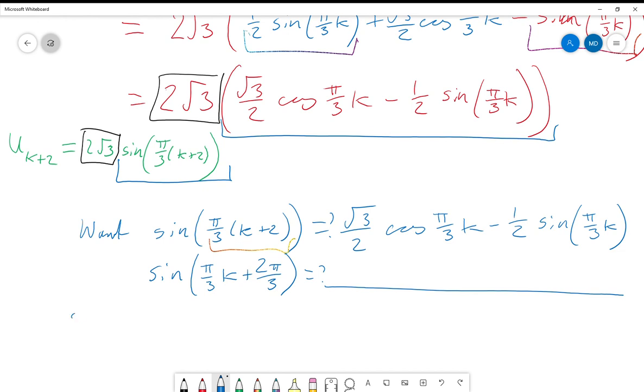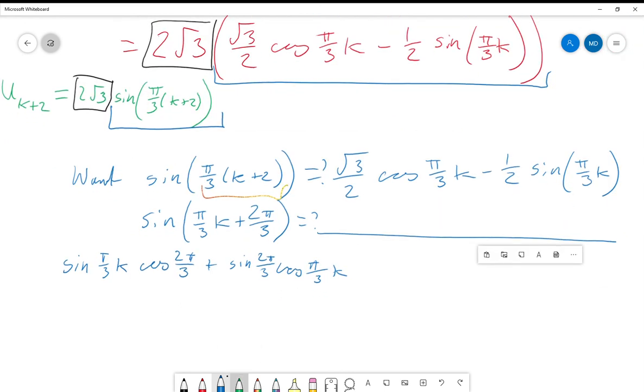We end up with sine of pi over 3k times cosine of 2 pi over 3 plus sine of 2 pi over 3 multiplied by cosine of pi over 3k.